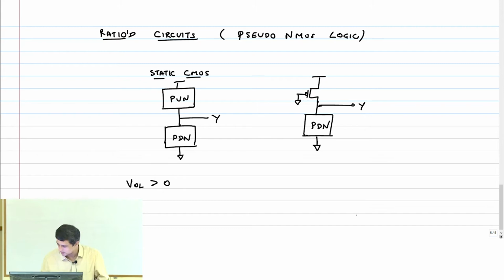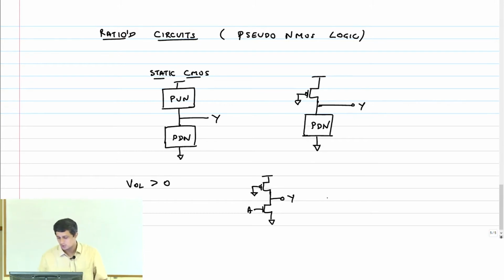So let's consider a pseudo NMOS inverter. This is a pseudo NMOS inverter. Only one NMOS transistor is connected to the input A. A is not connected to the PMOS transistor.